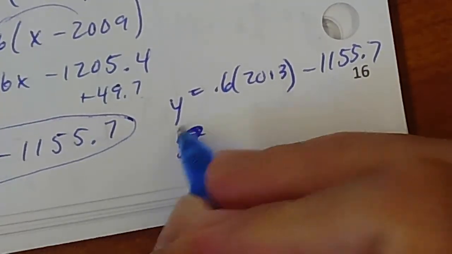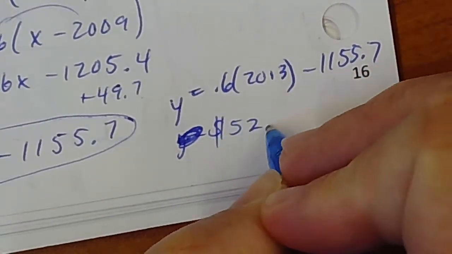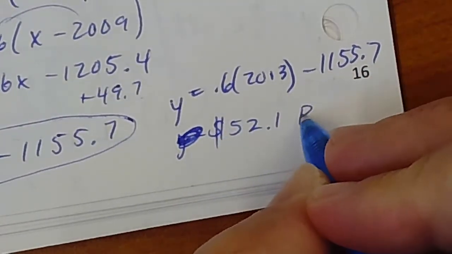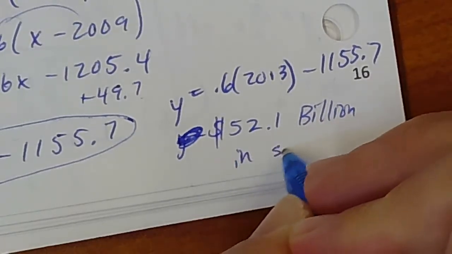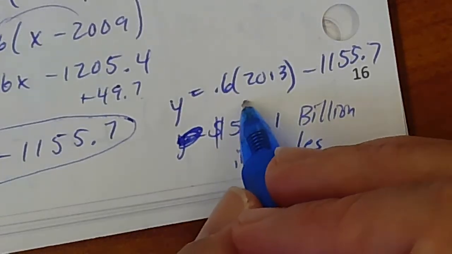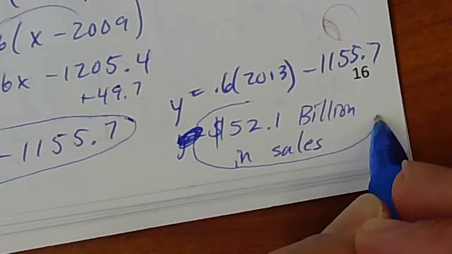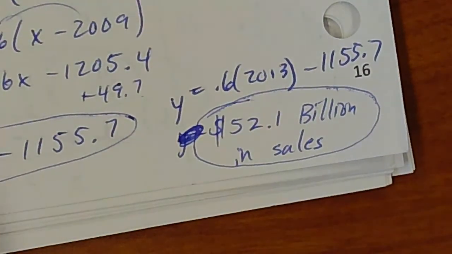I know how to plug it in. It comes out to be 52.1. So I'm going to give it a dollar sign and call it billion. 52.1 billion in sales. Of course, that's as long as it stays linear and continues and there's no crazy pandemic that jumps out of nowhere. And then it would keep pace with that trend.